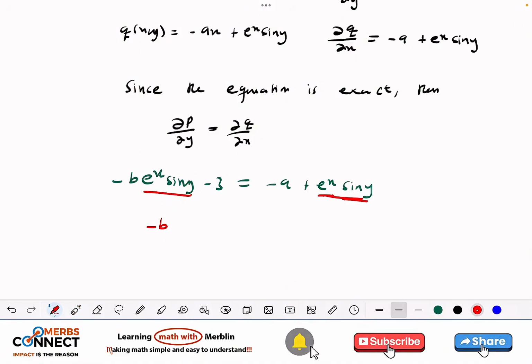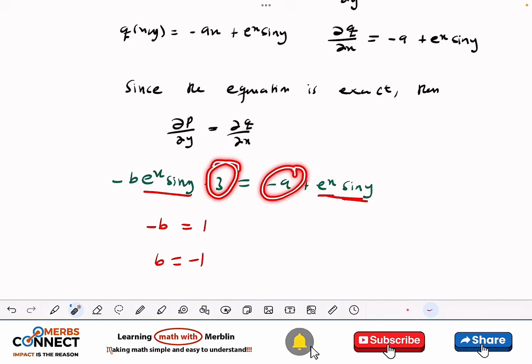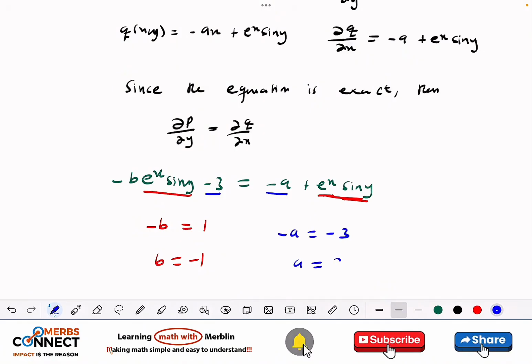So minus b is equal to 1 and b is equal to minus 1. Now, this is a constant and I have another constant here, so these should be the same. So minus a is equal to minus 3 and a is equal to 3.